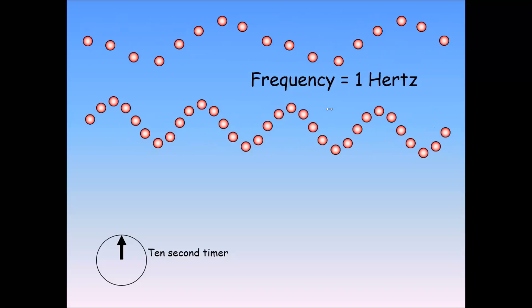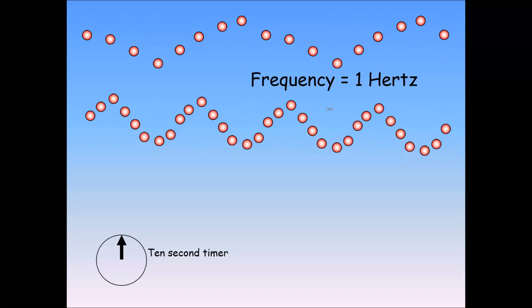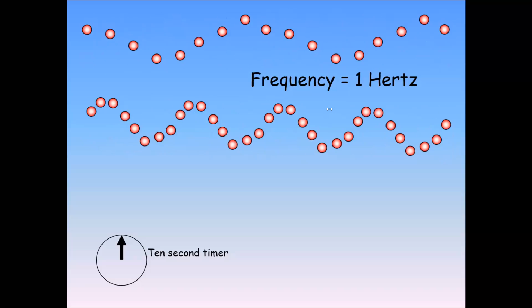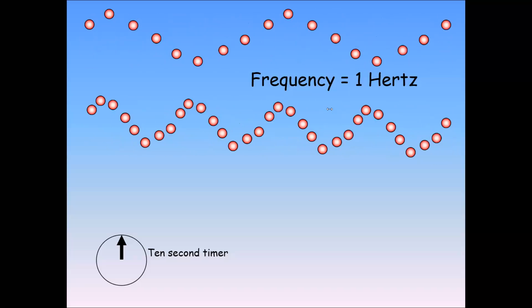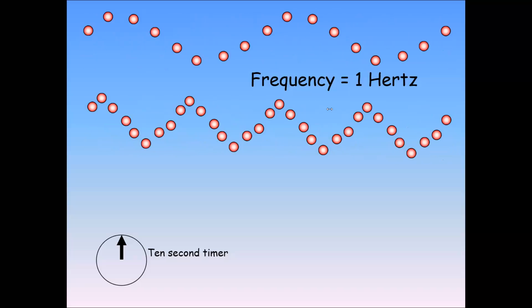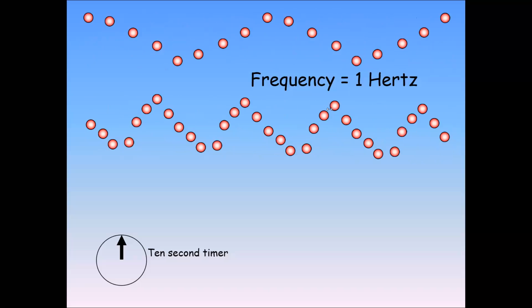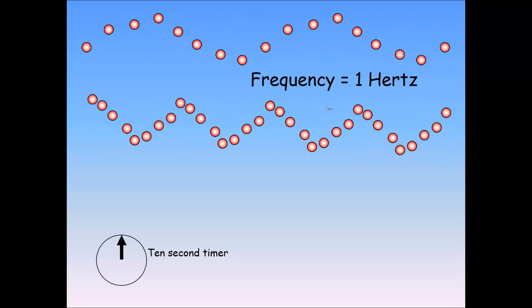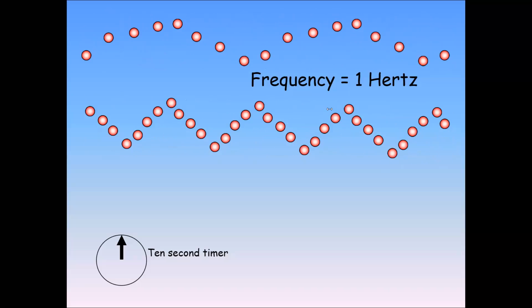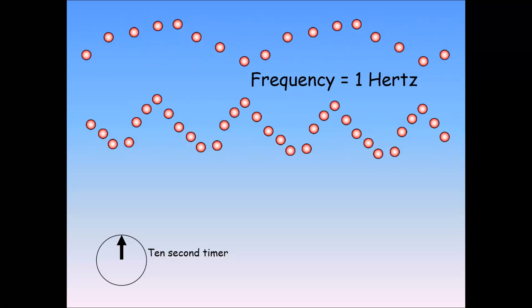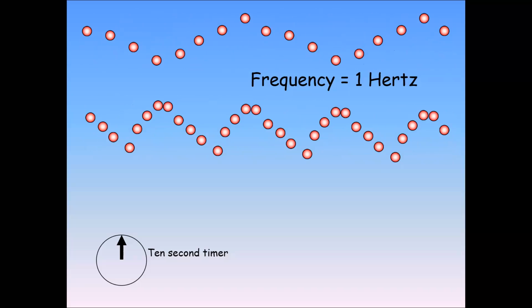It's a high frequency because it shows more vibrations per second. So if the number of vibrations per second increases, it means a greater vibration as compared to the first one. So it has high frequency.